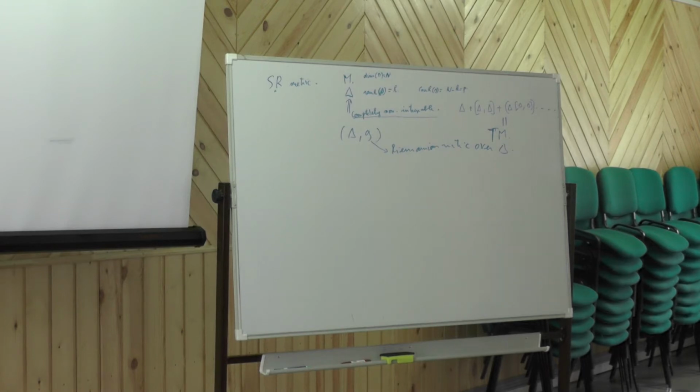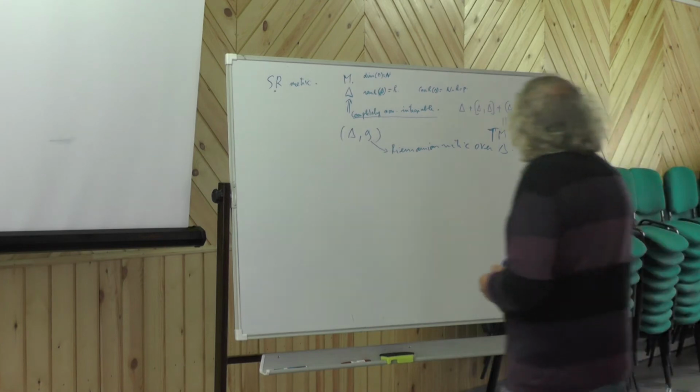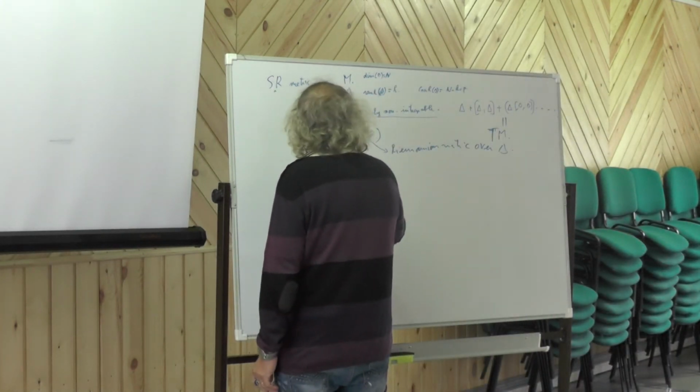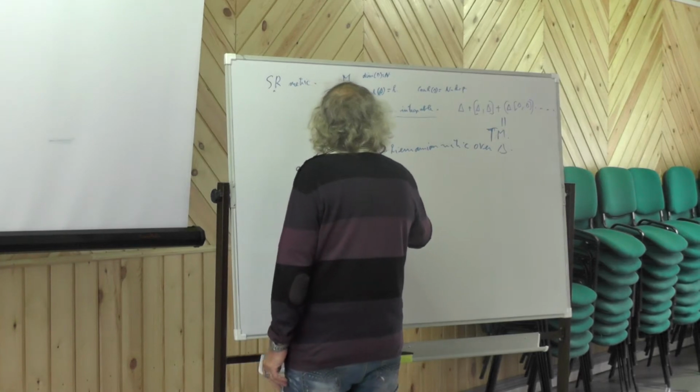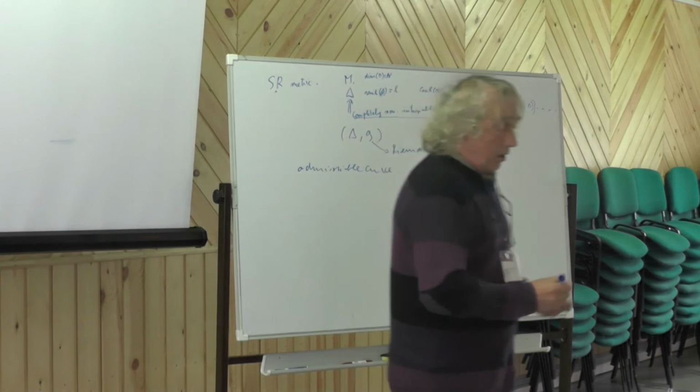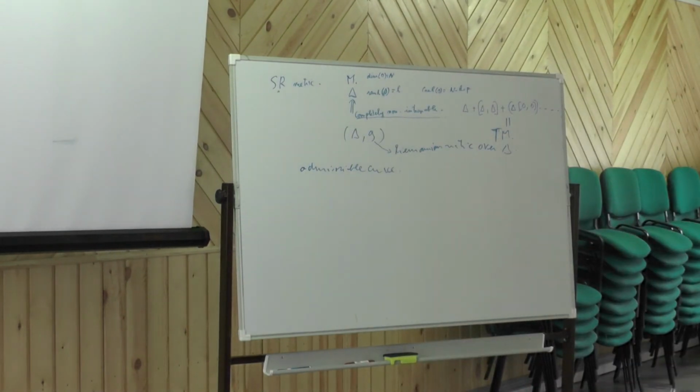An admissible curve is a curve which is absolutely continuous and almost everywhere tangent to delta.